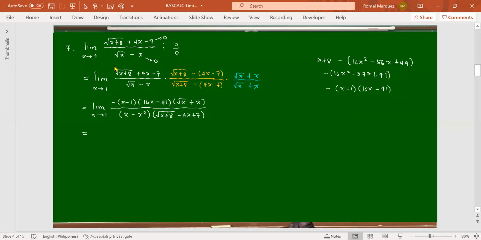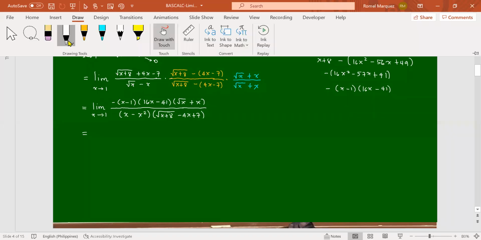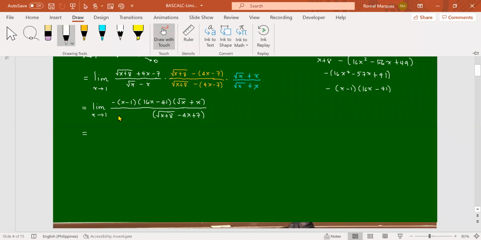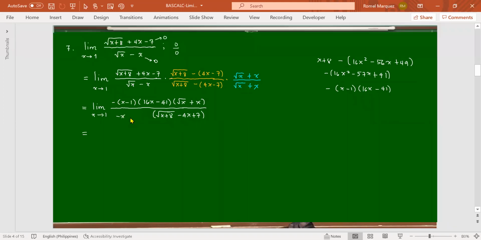I-factor na rin natin yung denominator. Anong factored form nito? Negative of negative x, x minus 1. Tama ba? X minus x squared, negative of negative x, then x minus 1.